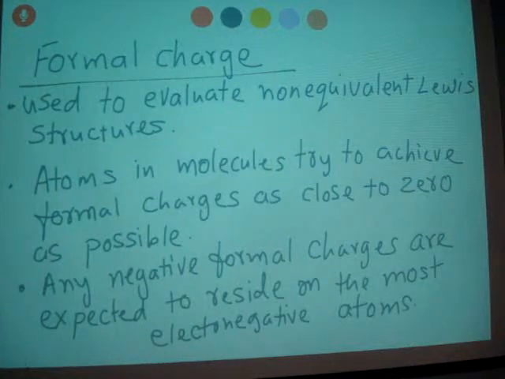So we'll learn how to calculate formal charge on atoms in a molecule.